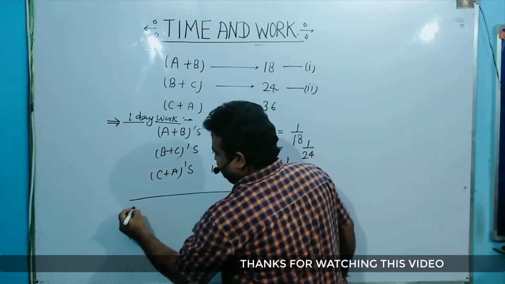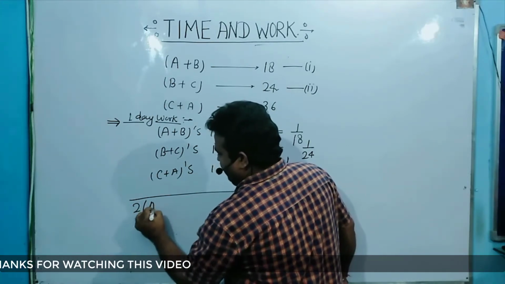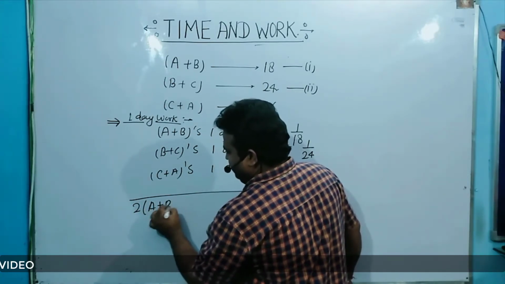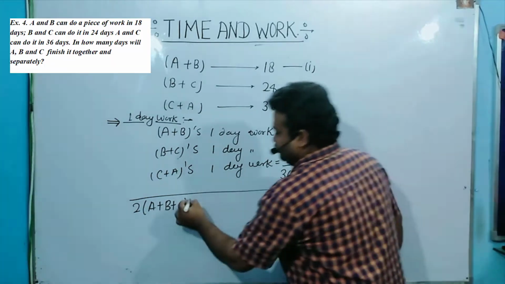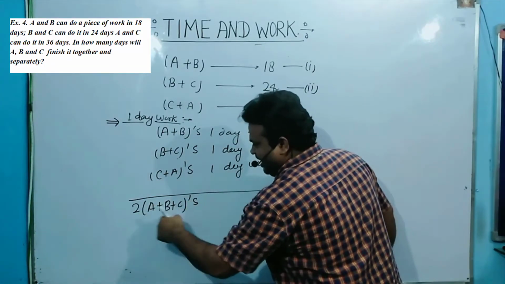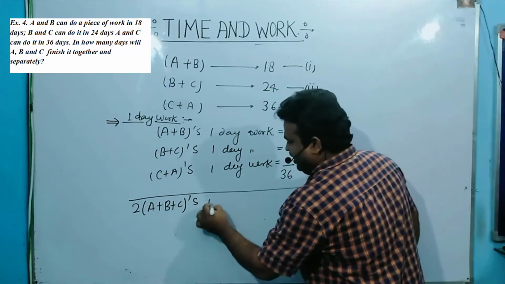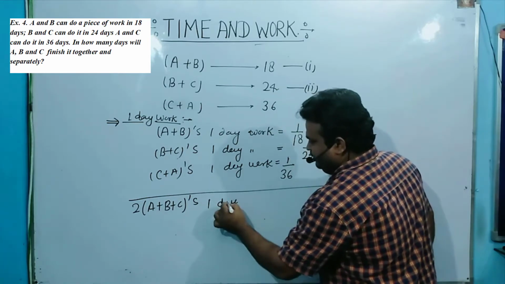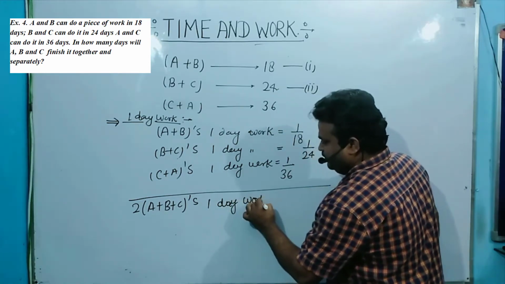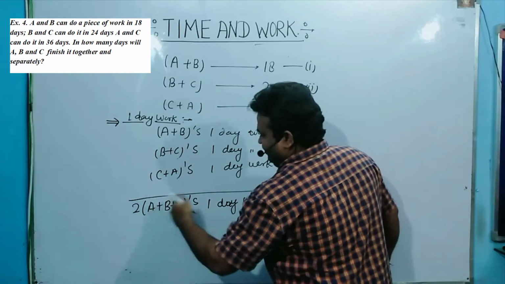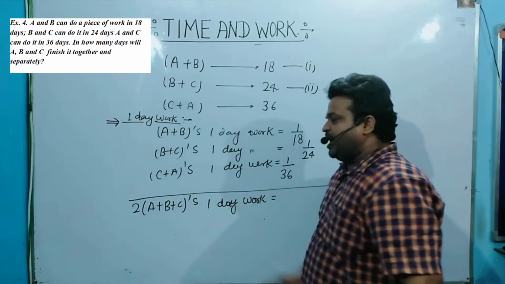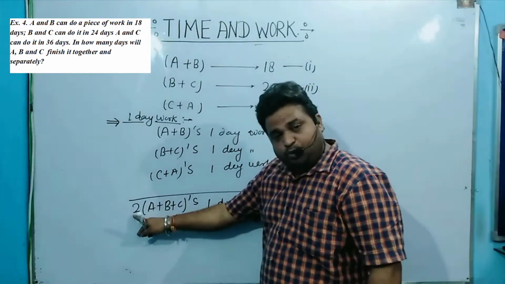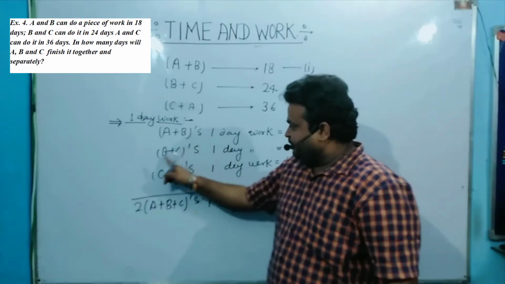So you will get 2 multiplied by (A plus B plus C) one day work. Why am I multiplying by 2 here? Because you have 2A, 2B and 2C.